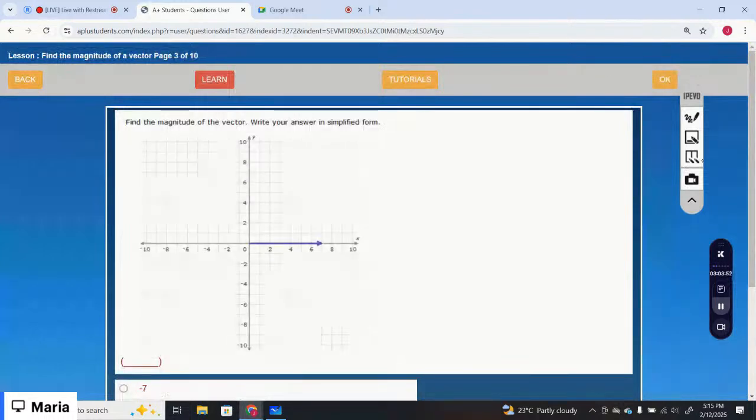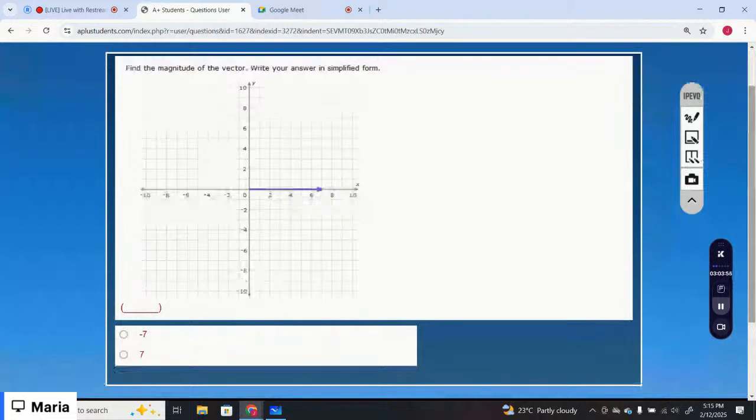Find the magnitude of the vector, write it in simplified form. So which is the magnitude of the vector?